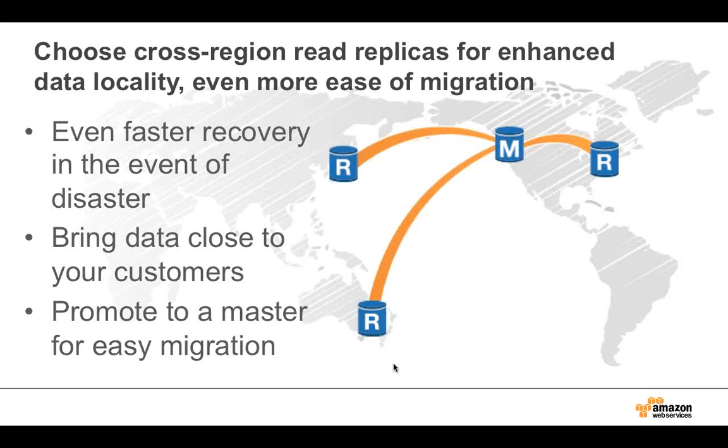And of course, it's always possible with a read replica to quickly promote it to a master database instance so that it can start handling write traffic and be an independent database. This works for cross-region read replicas as well, and it's a great way to migrate data rapidly and easily around the world. And this is available for RDS for MySQL.